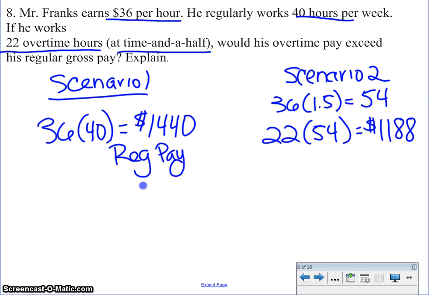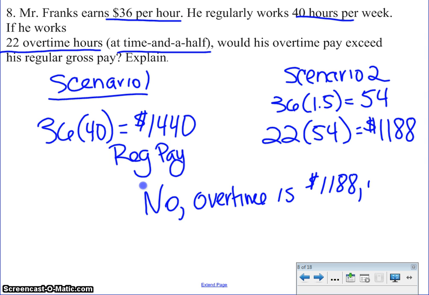And so the question says, would his overtime exceed the regular gross pay? The answer is no. Overtime is $1,188. Regular time is $1,440. And that's sufficient to explain.